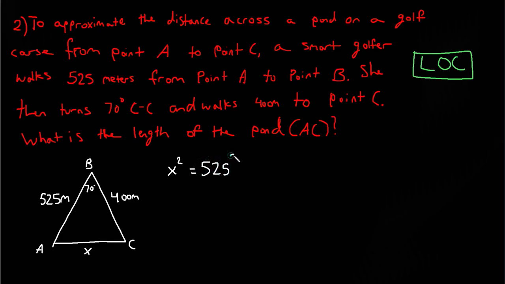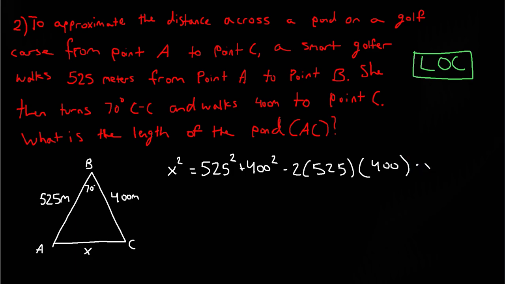So 525 squared plus 400 squared minus 2 times the two side lengths again, so 525, and that multiplied by the cosine of angle B, which is 70.